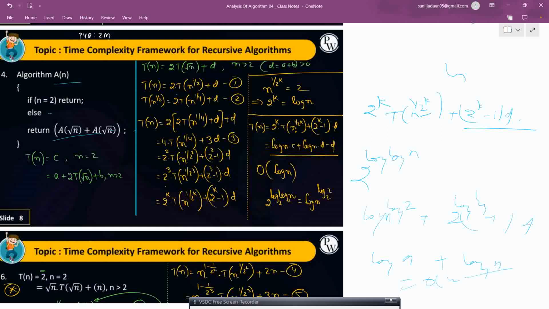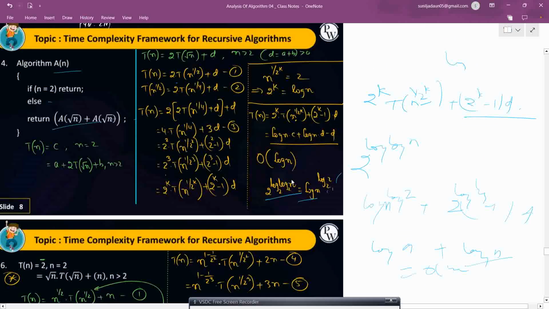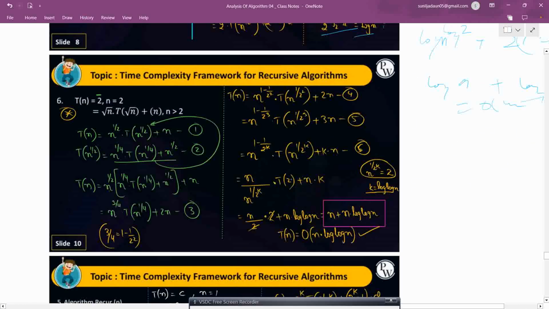This is how we do that. Log 2, log 2, log n, log 2, right? So we become order of log n here. So the answer is order of log n. This is the answer.